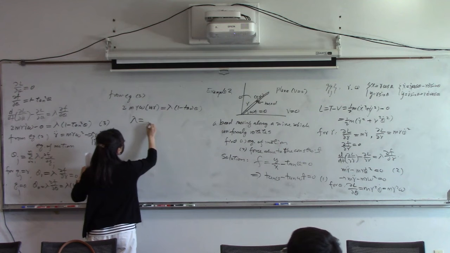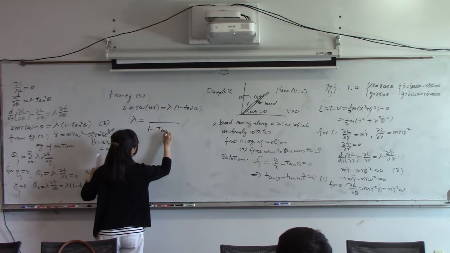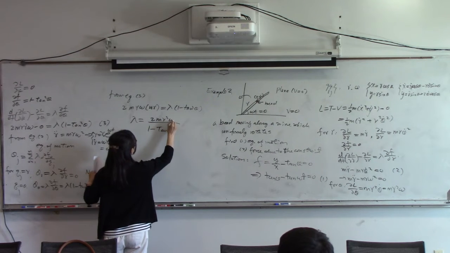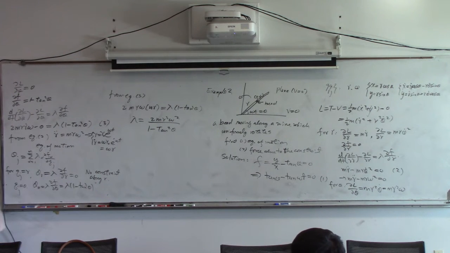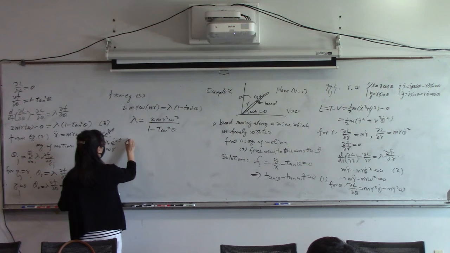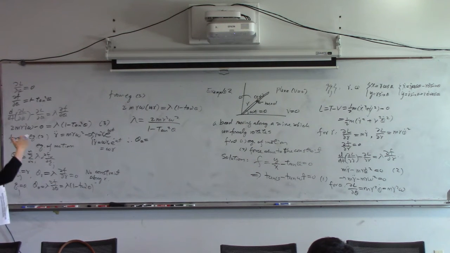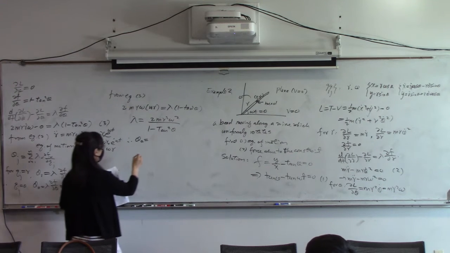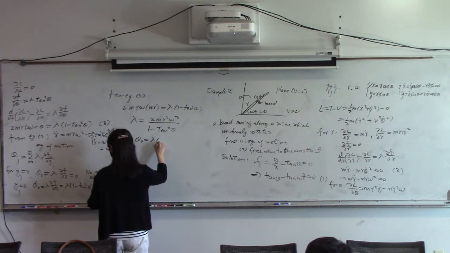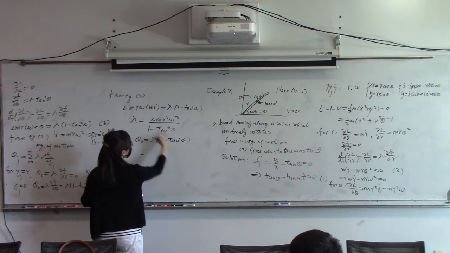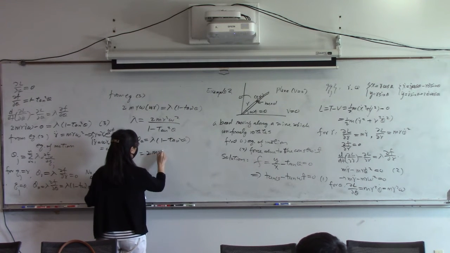So lambda times 1 minus tangent square theta is 2 m r square omega square.